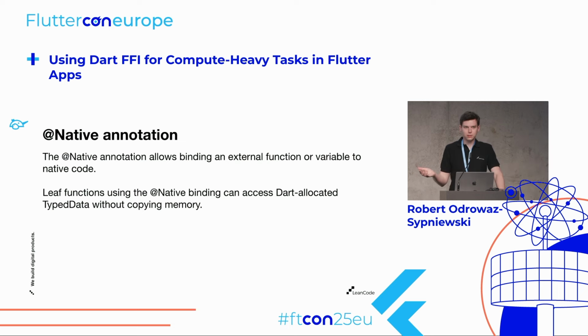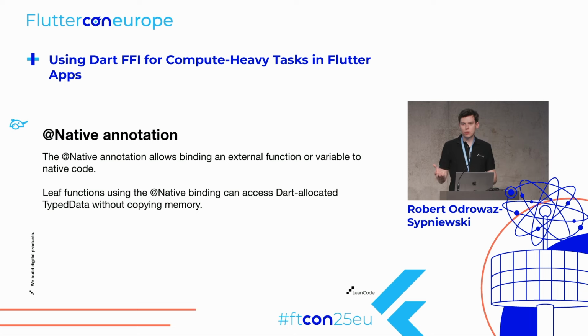The disadvantage of that is that Dart is unable to run certain tasks during this leaf call, so the garbage collector won't run during a leaf call. But as long as it's quite quick, it's fine, and we can avoid copying data between native and Dart memory.